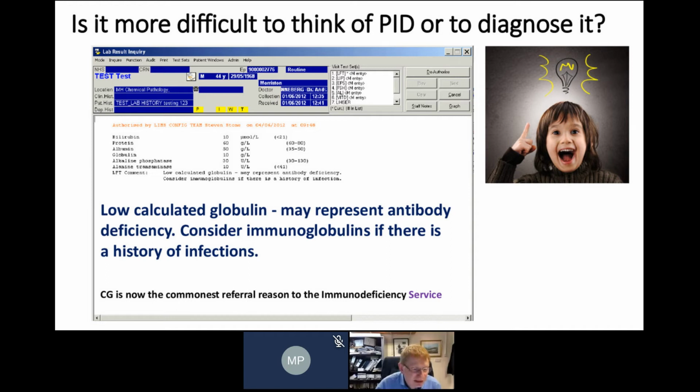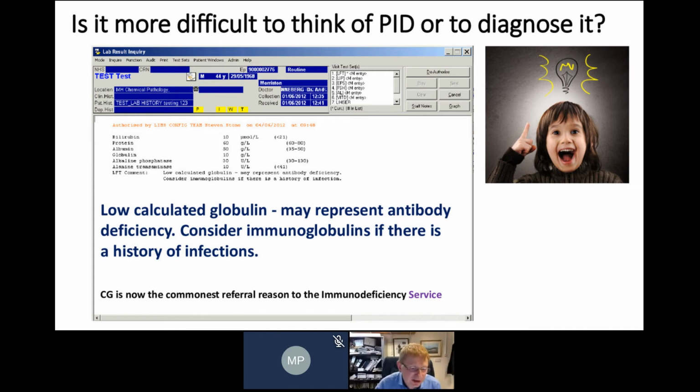So we've inserted now, in consultation with GPs, this comment which appears electronically if the calculated globulin is low. So it doesn't need a person to enter it, it is automatic. And it just says, low calculated globulin may represent antibody deficiency. Consider checking immunoglobulins if there's a history of infections.